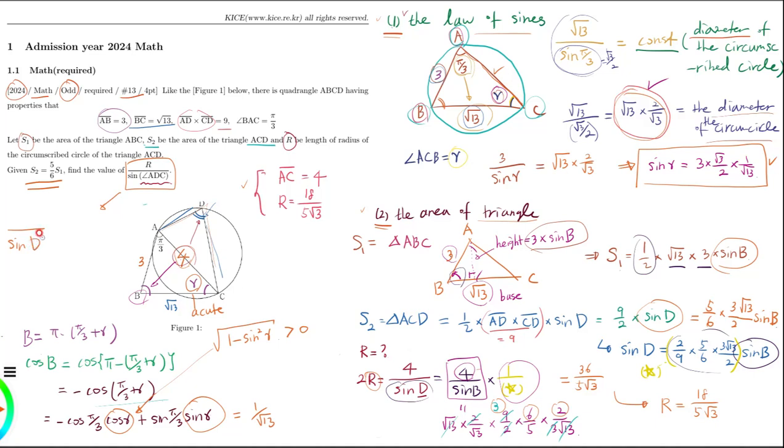I denote it as a capital D, 4 over sine of capital D times R over 4. I deliberately expressed this 4 because I want to use the law of sines.